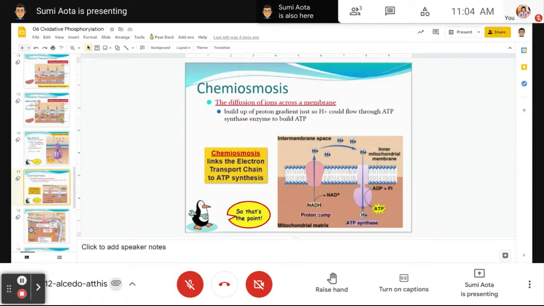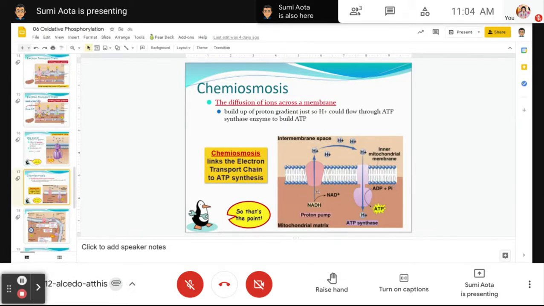So what we've done, we've taken the energy of the electrons in an electron transport chain, used that energy to move hydrogen across the membrane space, creating a hydrogen energy gradient. That hydrogen gradient then is used to synthesize ATP from ADP and phosphate by using ATP synthase.